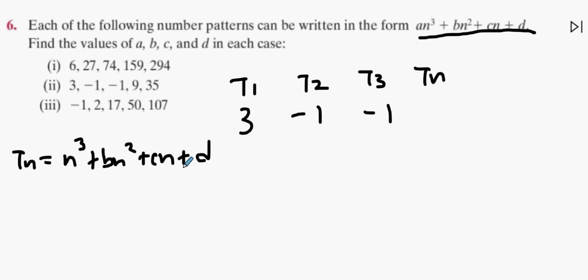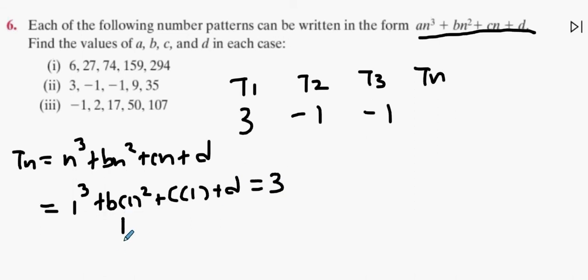Alright, let's start off. T1 is 3, so replace n with 1. 1 cubed plus b times 1 squared plus c times 1 plus d equals 3. This results in b plus c plus d equals, what do you reckon? 2.